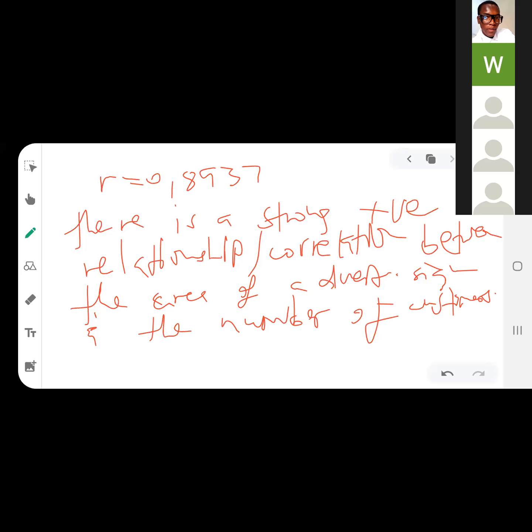The person should increase the area of advertising sign, because the more you increase the area of advertising sign, the more the number of customers. So that is the advice we can draw from that interpretation of the correlation coefficient. There is a strong positive relationship between the area of advertising sign and the number of customers. Does it make sense to everyone?